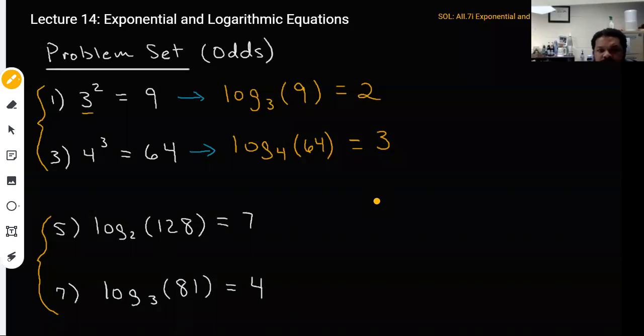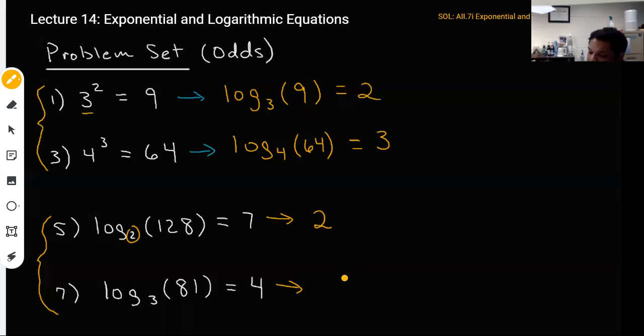Now I want to go the opposite way. I want to go from logarithm back to exponential. And I always keep my base in mind because that's the first number that I want to think about. All right, so I start off with my base. My base for this logarithm is going to be a 2.